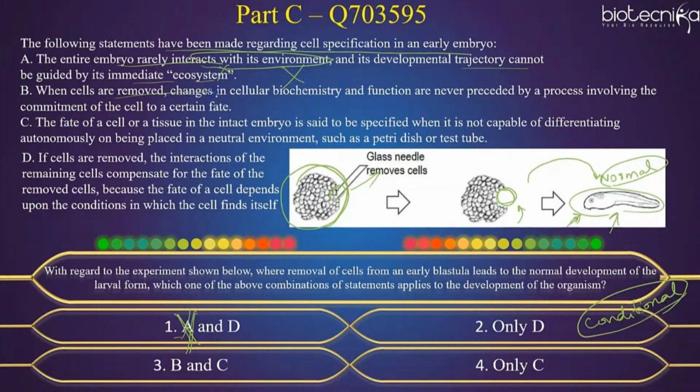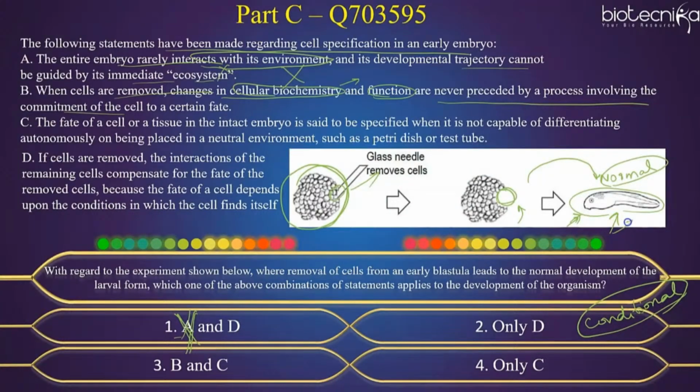When cells are removed, changes in cellular biochemistry and function are never preceded by a process involving the commitment of the cell to a certain fate. So when cells are removed, you can expect that there will be some changes. You can expect in conditional that there will be some changes in the cell fate. Okay, cell fate will be changed.